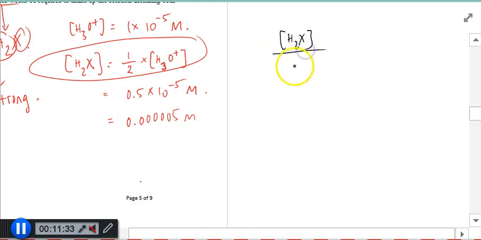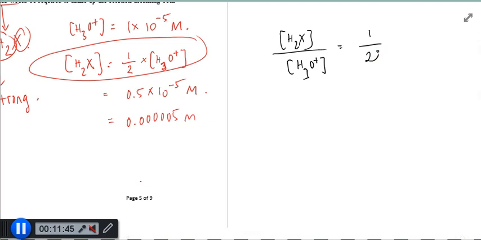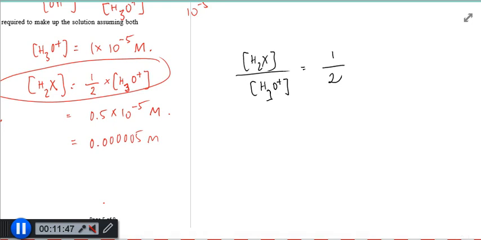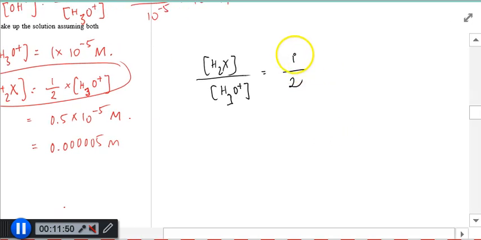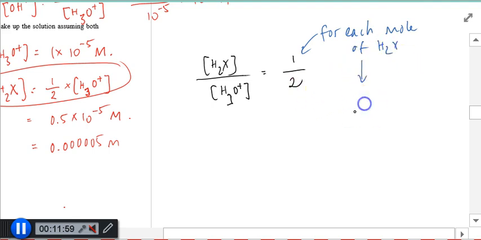So like I said, this is a tricky question, just to talk about. But this would be the ratio here. The ratio between the diprotic acid, which releases those protons, donates them, and the hydronium ions themselves is actually 1:2, because for each mole of the diprotic acid, H2X, 2 moles of hydronium ions are produced.